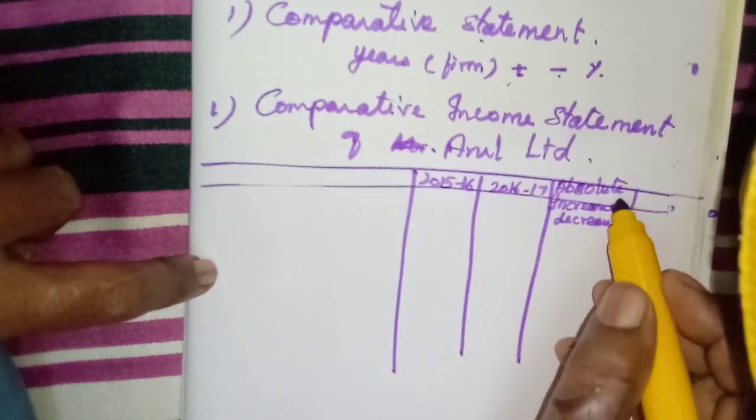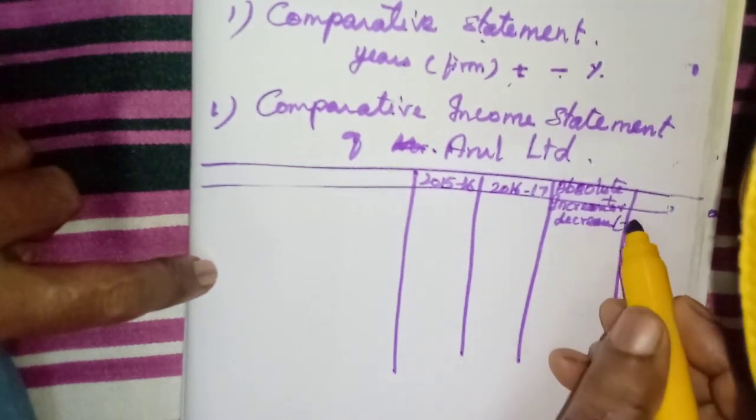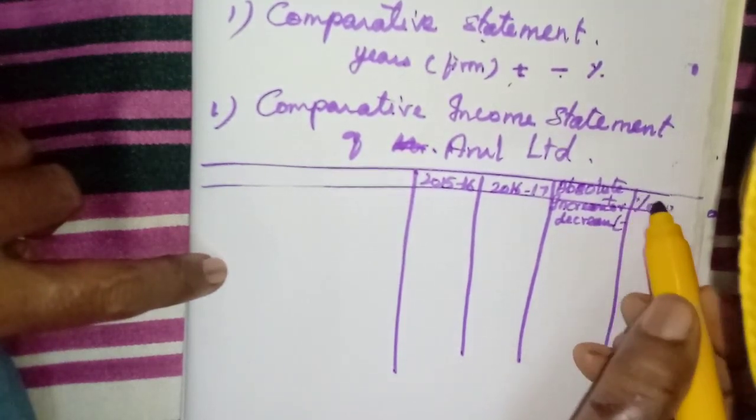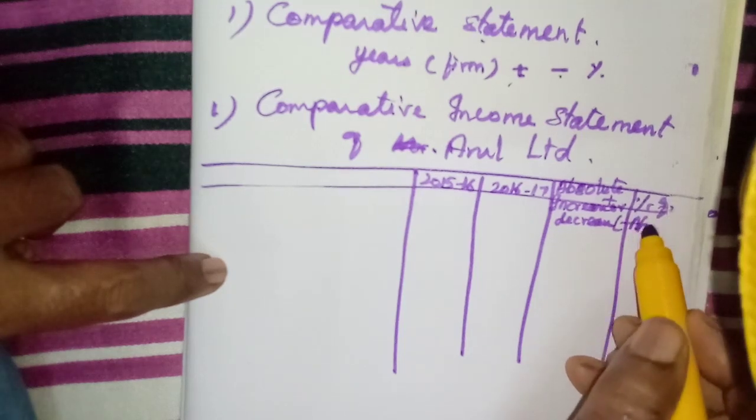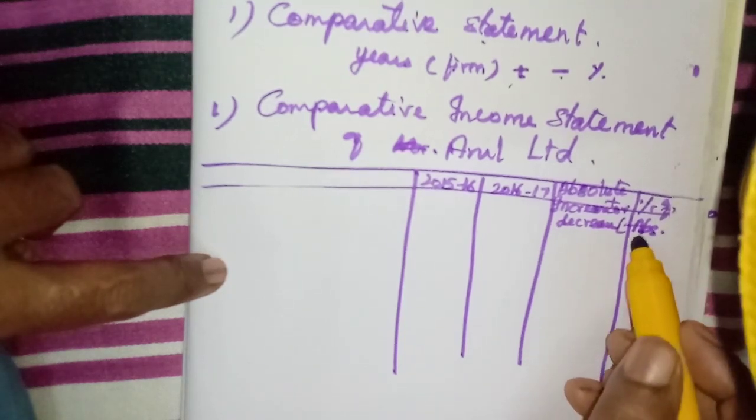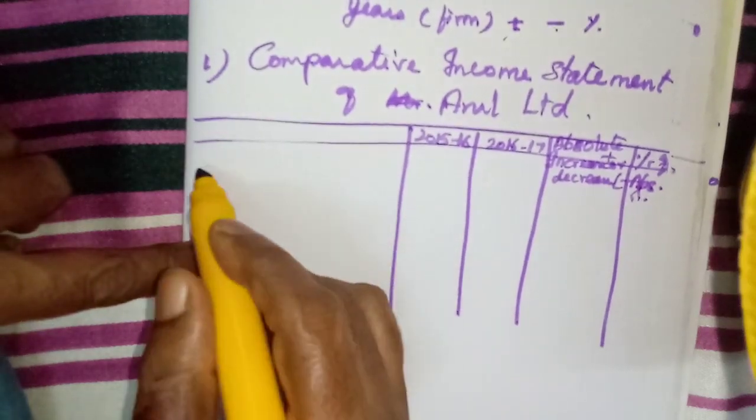Increase plus, decrease minus. Here percentage of absolute increase or decrease. You have to write.